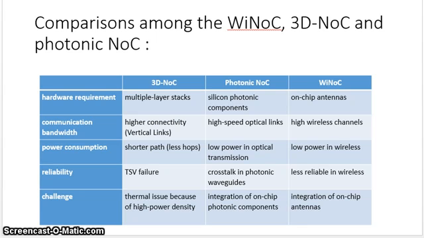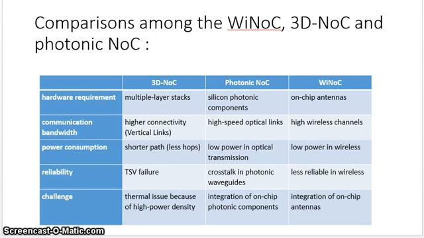In terms of hardware requirement, 3D network on chip requires multiple layer stacks, photonic network on chip requires silicon photonic components, and wireless network on chip requires on-chip antennas. Communication bandwidth: 3D network on chip has higher connectivity, photonic network on chip has high-speed optical links, and wireless network on chip has high wireless channels.